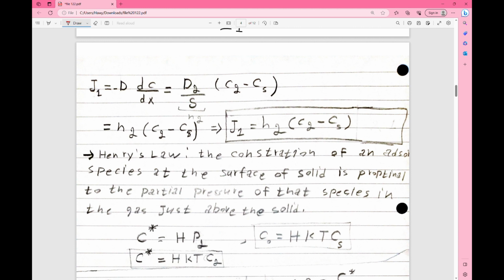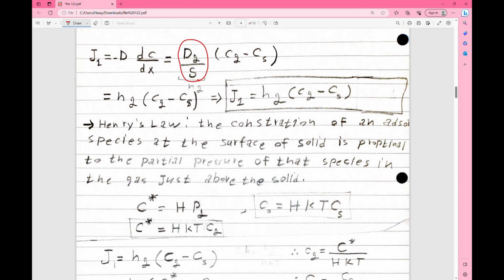Here, some books include this part and some don't. They just say this equals hG directly. I just write it to inform you that some books write this part, so if you want to read about it, you can search and read it.